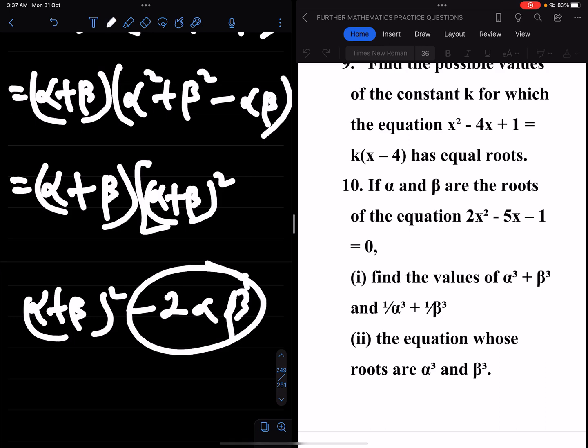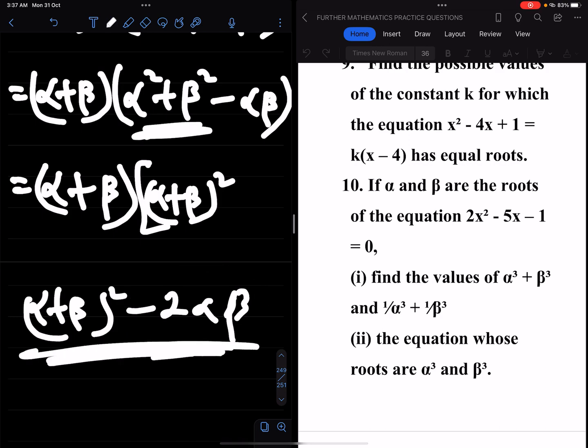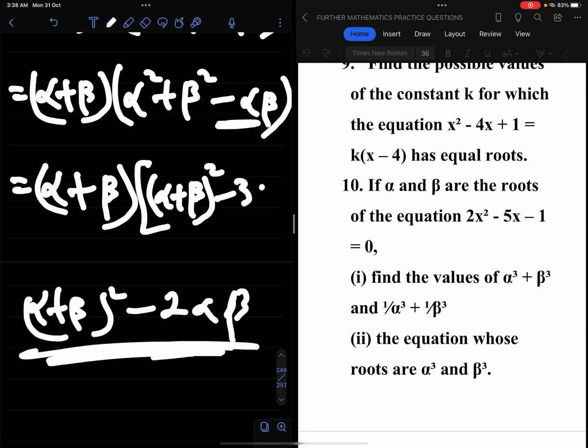There's another minus alpha beta here, so that will make it minus 3 alpha beta. Alpha plus beta all squared minus 3 alpha beta.